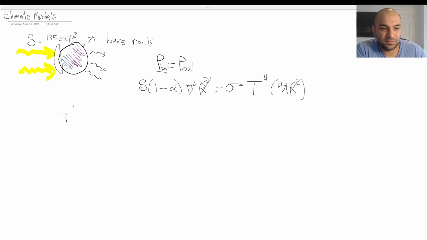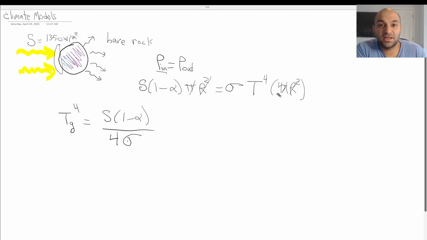And then we could say temperature to the 4th of the ground is equal to S times 1 minus alpha over 4. 4 is from the surface area, times sigma. Sigma is the Stefan-Boltzmann constant.